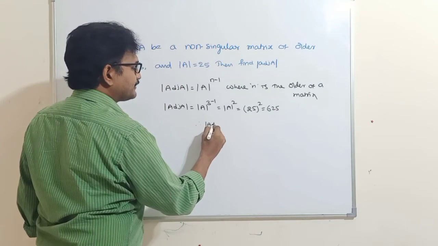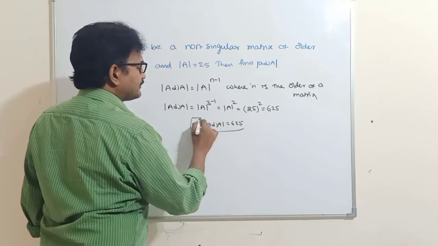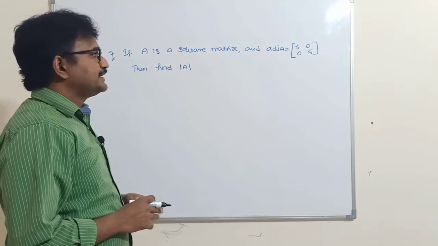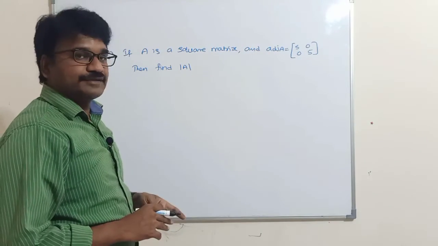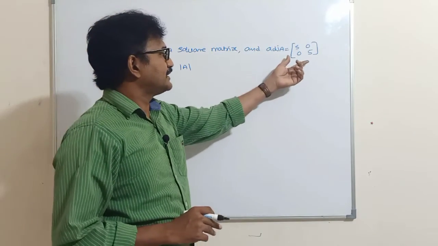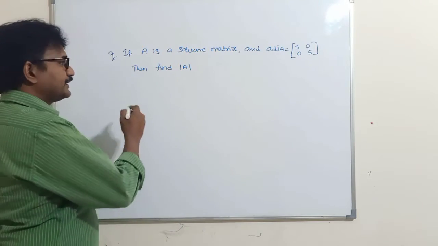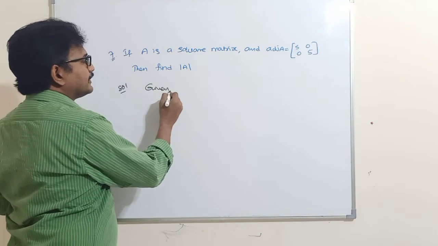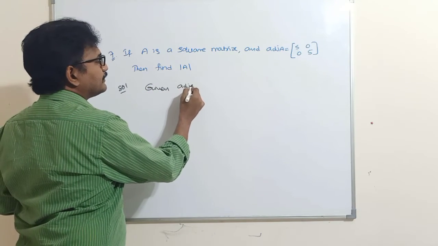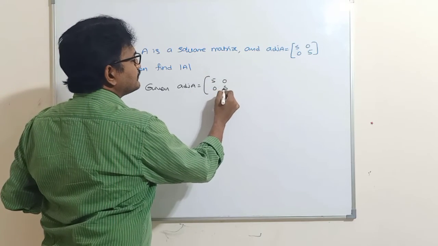Therefore, det of adjoint A is equal to 625. Next problem. If A is a square matrix and adjoint A is equal to the matrix 5, 0, 0, 5, then find det A. Given adjoint A is equal to 5, 0, 0, 5.